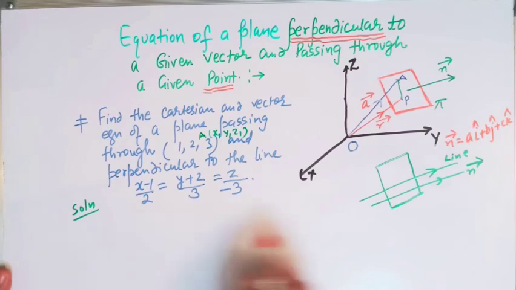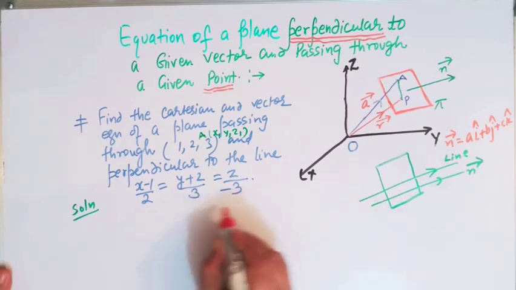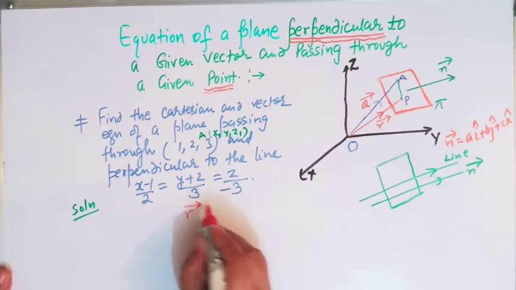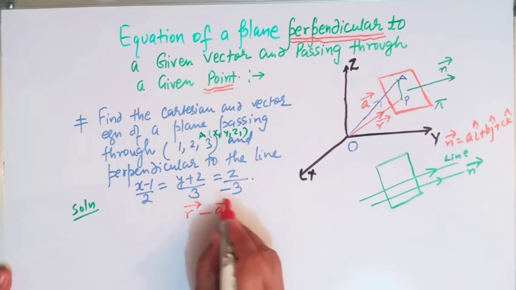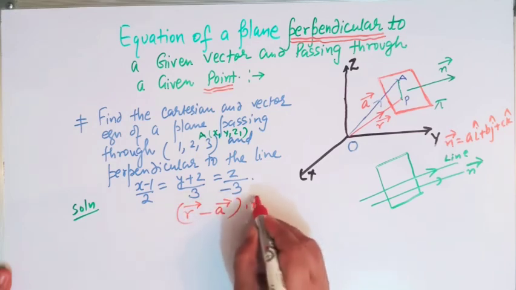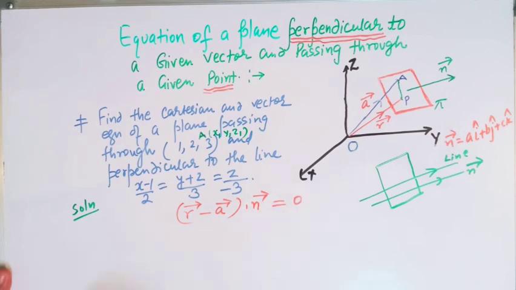Now the vector equation is given by vector r minus vector a dot vector n equal to 0.